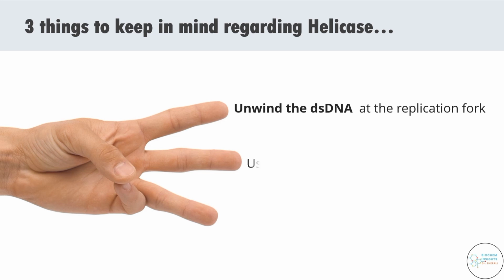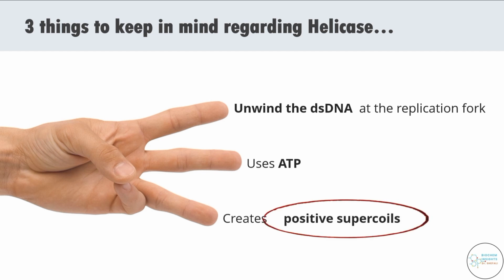Number two, it uses energy in the form of ATP. And third, it creates positive supercoils. So what do positive supercoils do? They stop the further movement of helicase. And what will happen if the movement of helicase is stopped? Replication will also stop.